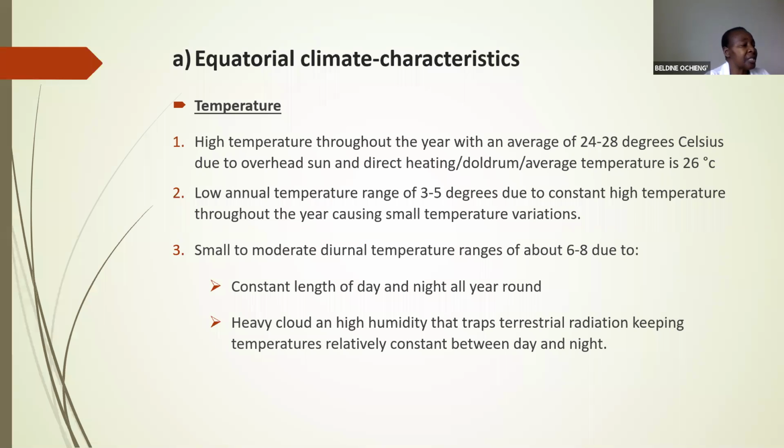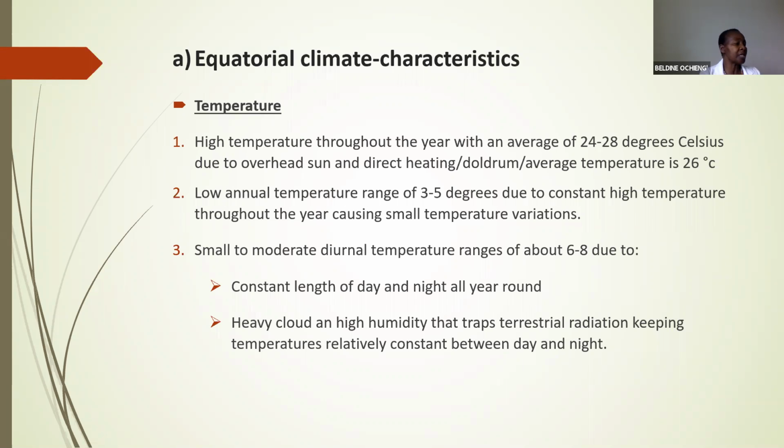Low annual temperature range of 3 to 5 degrees, due to constant high temperatures throughout the year. The differences are very small. So we have low annual temperature range. This region is within the equator, so high temperatures throughout. That is why the variation is very small.